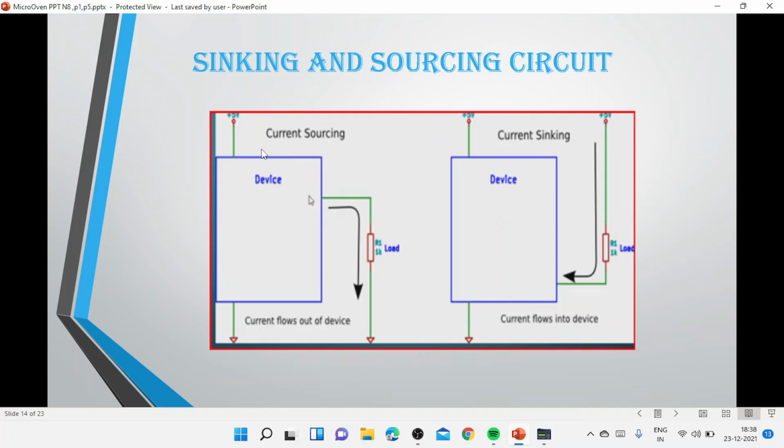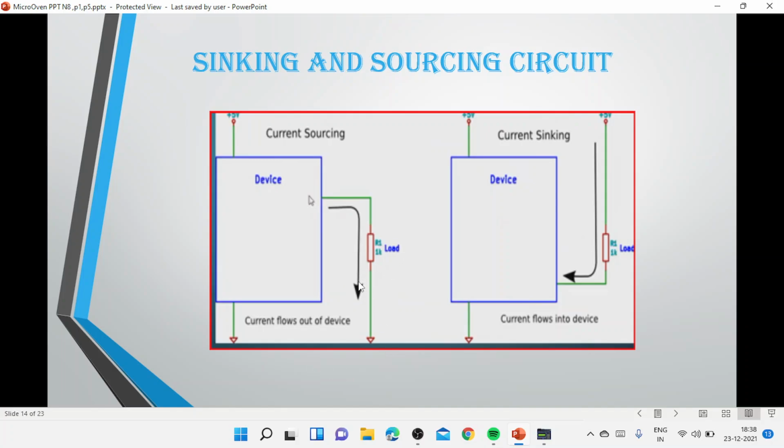Let me explain briefly about this sinking and sourcing circuit. If you see this, the current is flowing in this direction from the microcontroller to the load, right? Means current flowing from the microcontroller to the load, so it is output from the microcontroller with respect to the load.